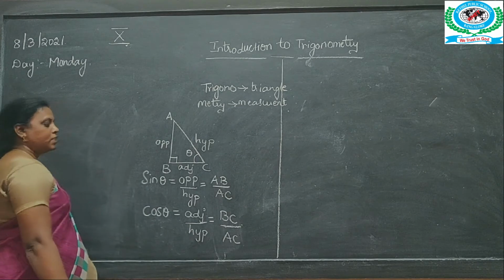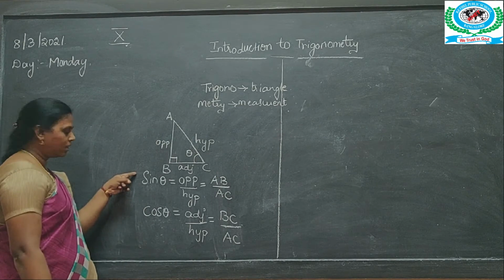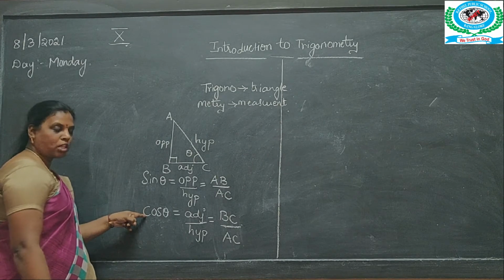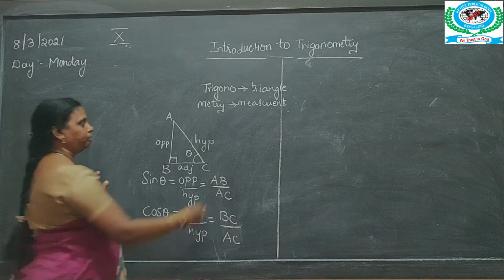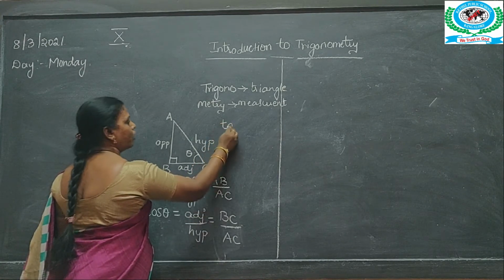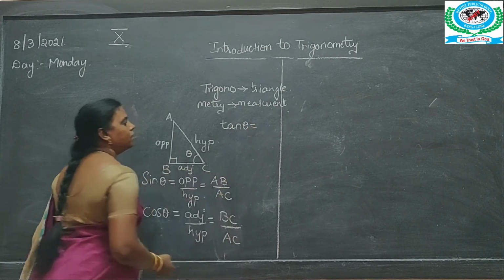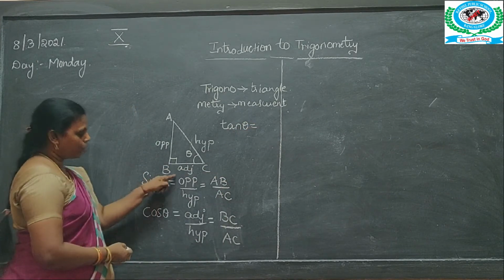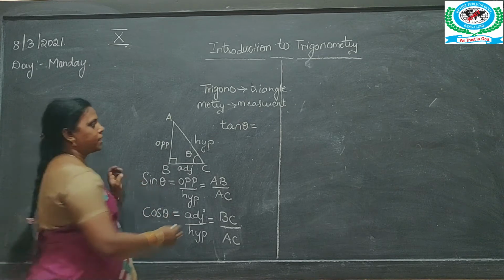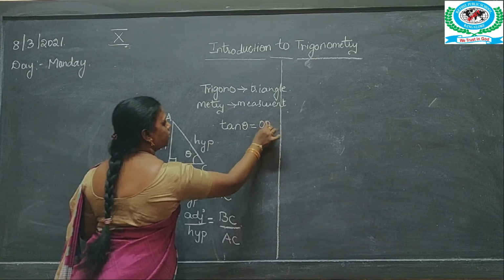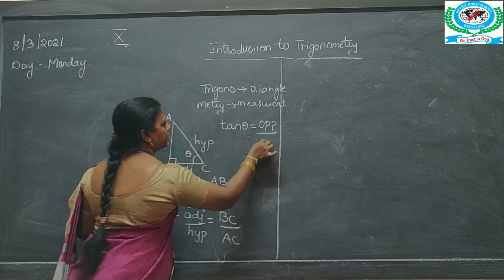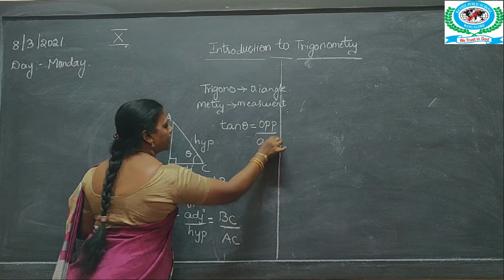First is sine, next is cos, next is tan. Tan of theta will be equal to opposite divided by adjacent.